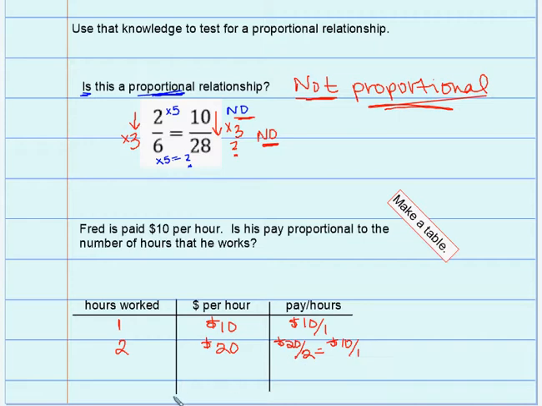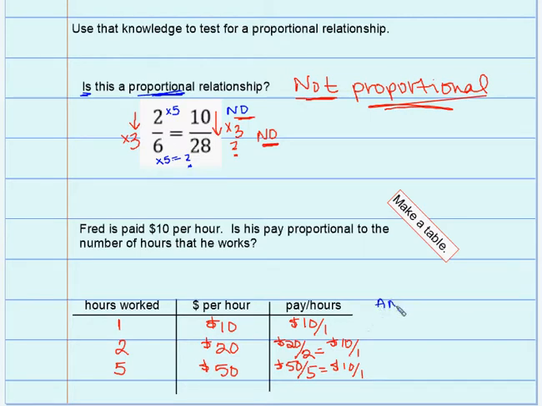We can simplify that. Let's say he works 5 hours, he'd make $50, and that would be 50 over 5, which we can simplify to 10 to 1.